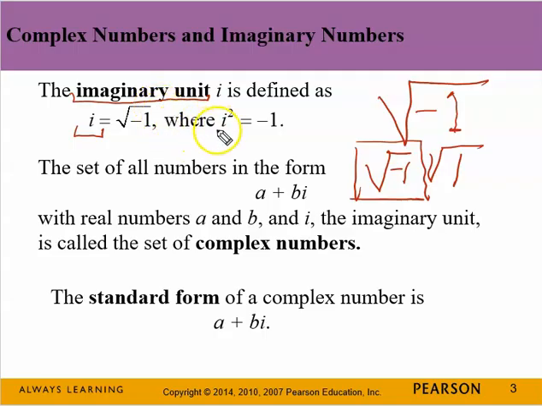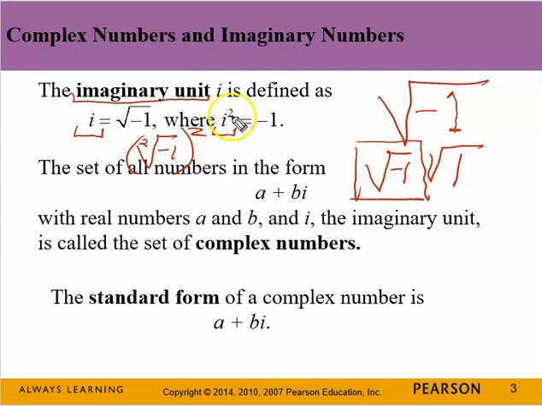Now, what is i squared? Well, that would be the square root of negative 1 squared. Well, we had said that if the root number, the index number here, is 2, anything under a square root raised to the second power is just the radicand.